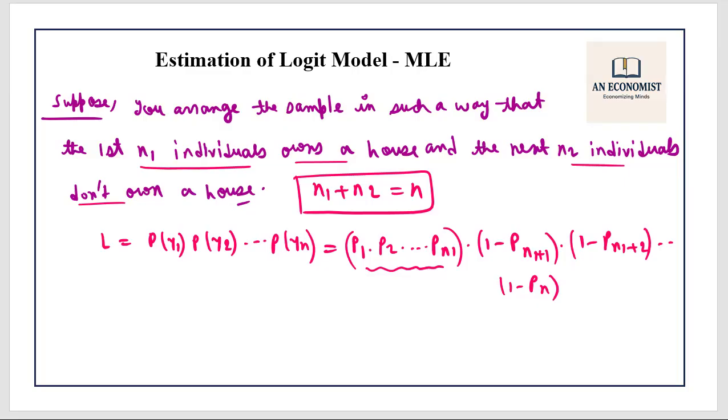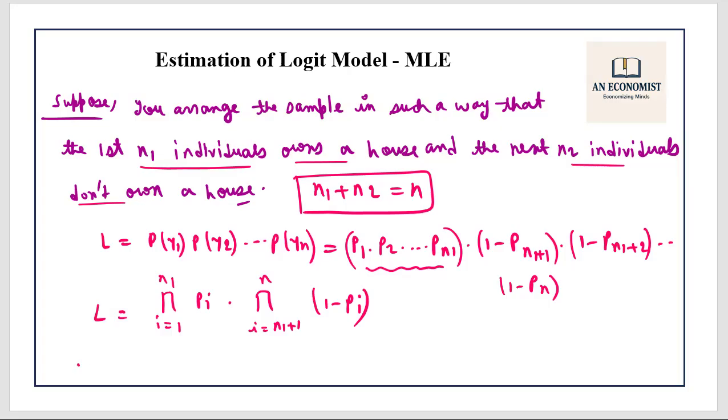So this will be the step, and then you can write it in a compact format. For i from 1 to n1, you can write Pi, and for the next portion, i from n1 plus 1 to n, this will be 1 minus Pi.